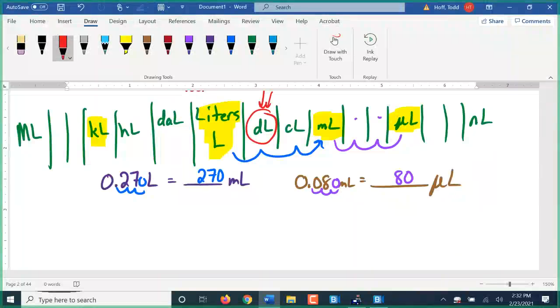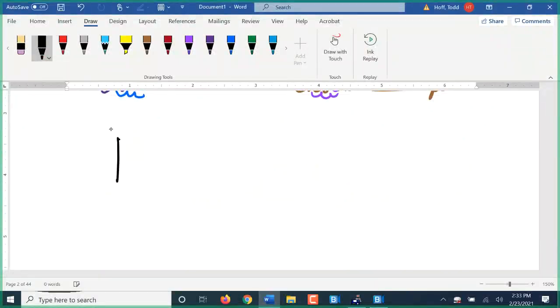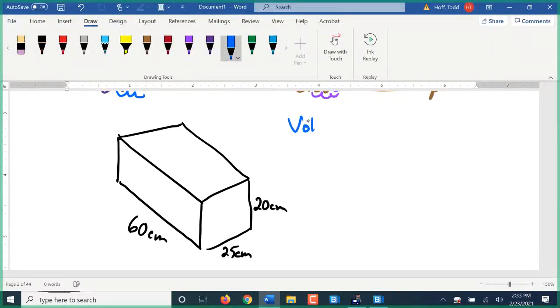I mentioned that natural connection between volume and capacity in the metric system. If we have a tank that is 60 centimeters by 25 centimeters by 20 centimeters, the volume is simply length 60 centimeters times width 25 centimeters times height 20 centimeters.